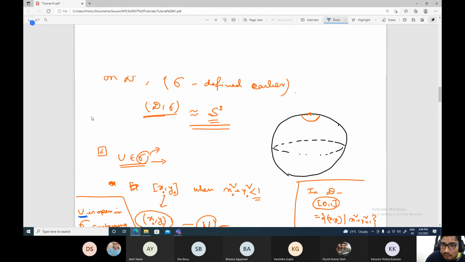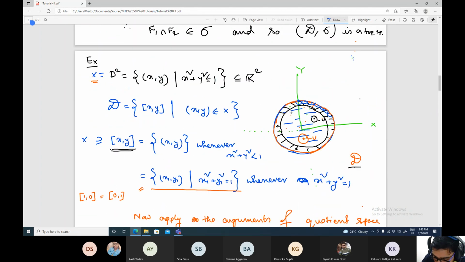It will be of the form of this type. Means its pre-image in the disk will be of this form, this outside portion. That's what I took. So, is it clear now? Yes, sir.